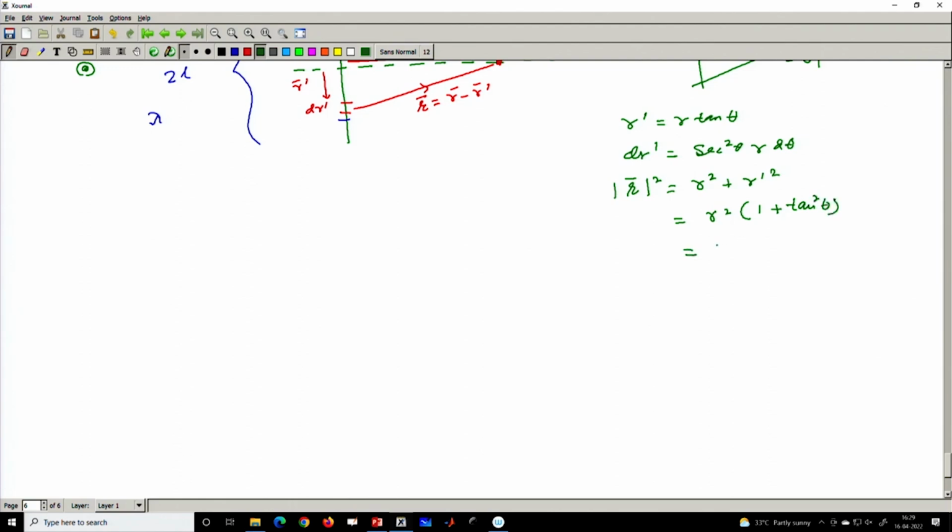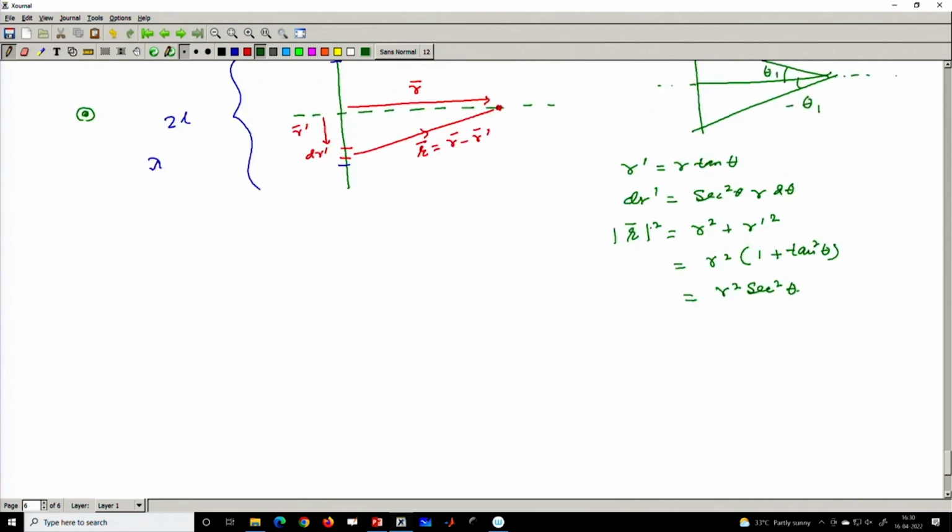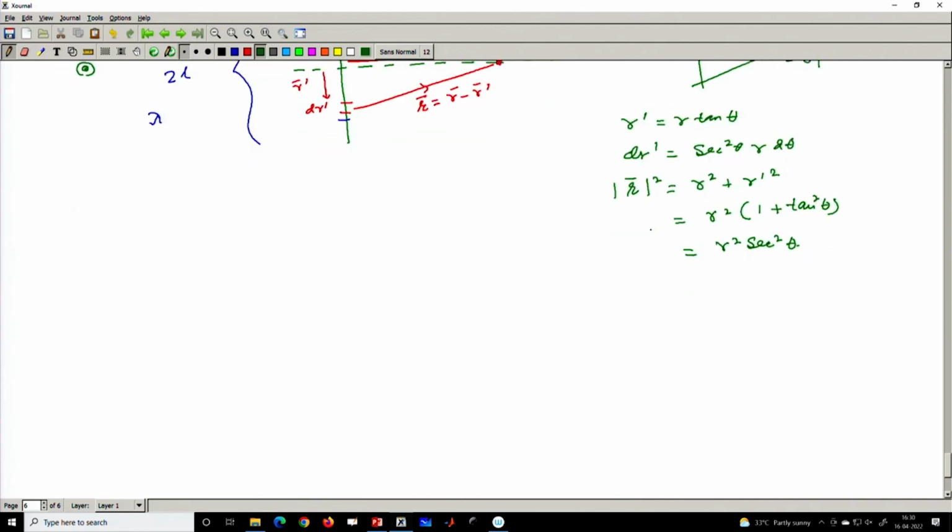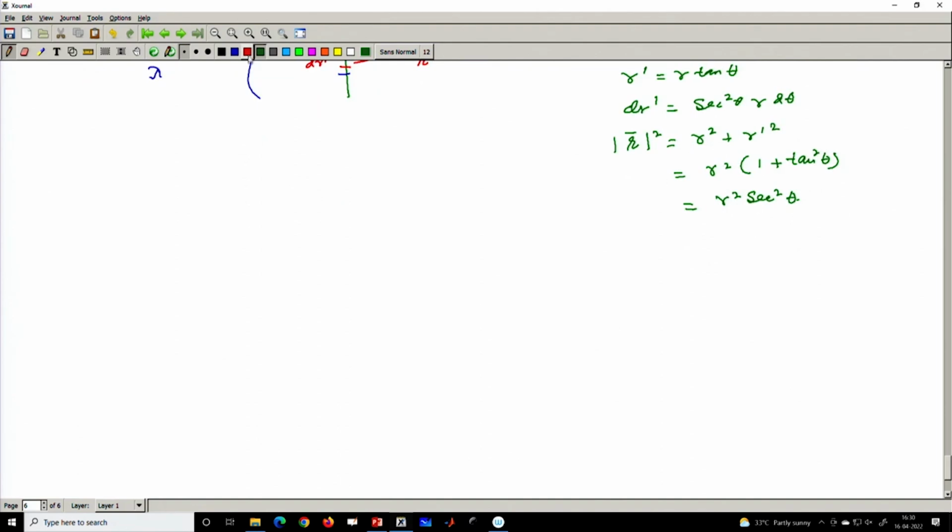This is nothing but r square sec square theta. You can also find it using simple geometry. I calculate it because we are going to use this later on.